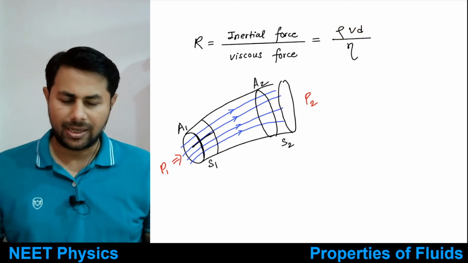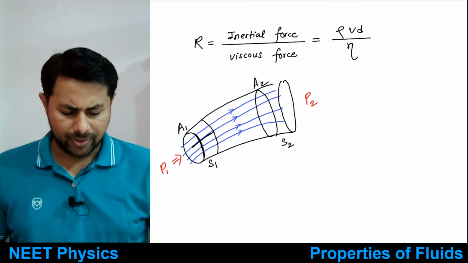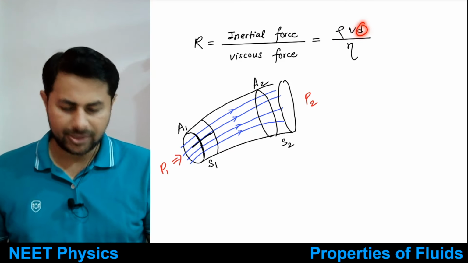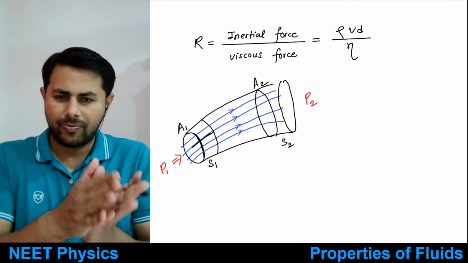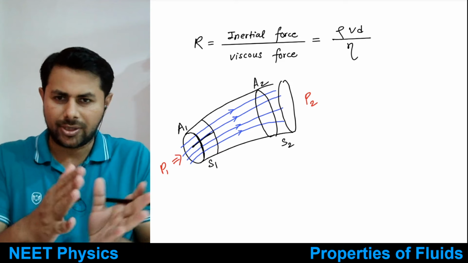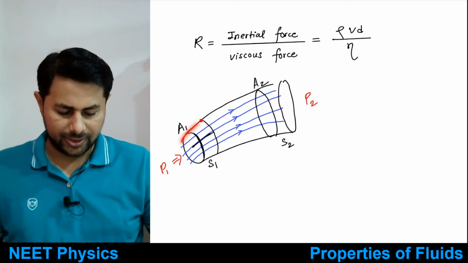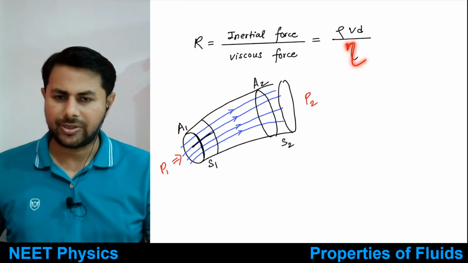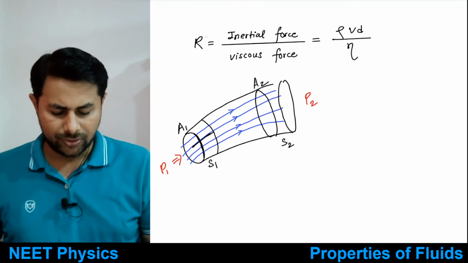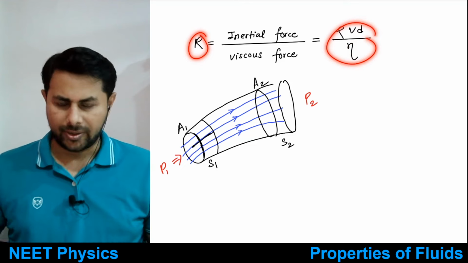It can have different diameters at different places, because you can have a pipe whose diameter is not constant, but at a certain place the diameter is D. And eta is the coefficient of viscosity. So Reynolds number is calculated in this way.